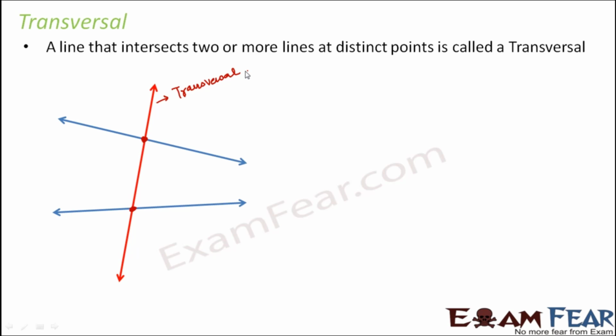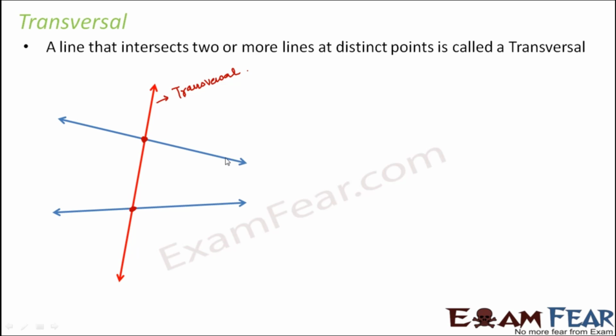Now a transversal does not necessarily intersect only two lines. It can intersect 2 lines, 3 lines, 5 lines, 10 lines, or even more than that. So basically a line that intersects multiple lines at distinct points is called a transversal. Now why is it called transversal? Now the word transverse literally means cutting lines or to lie across.